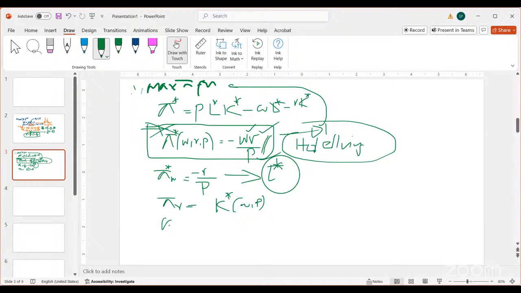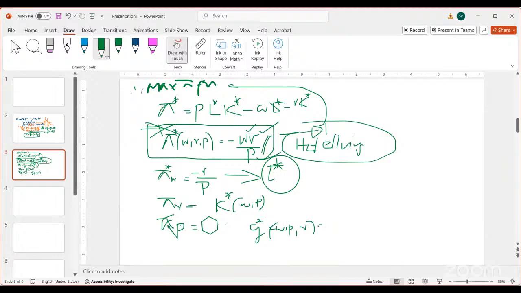When you differentiate this maximum value profit function with respect to P, you get the answer to Q, sorry, which means the output function, that is also a function of input prices and the market price of the final output.